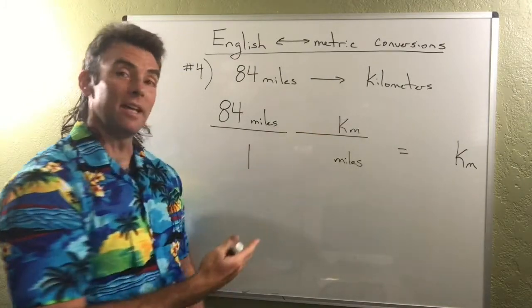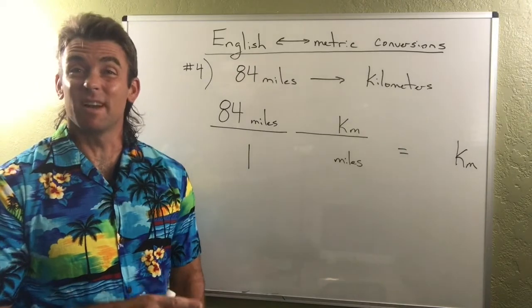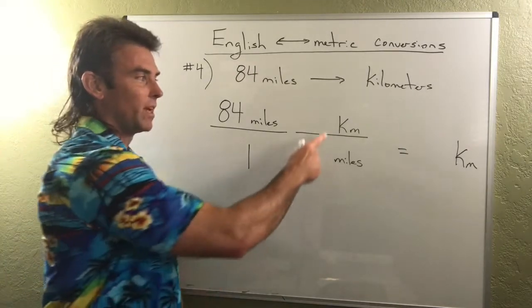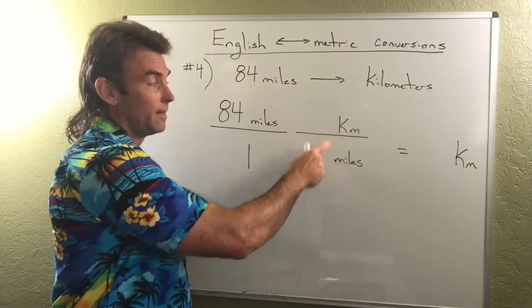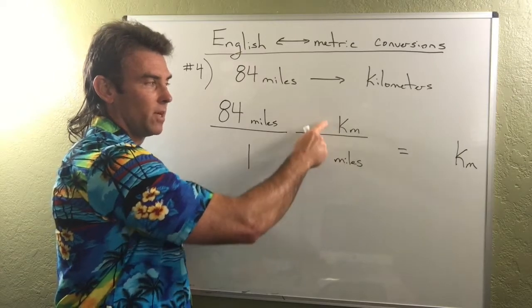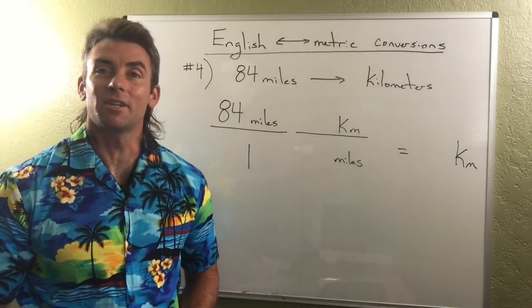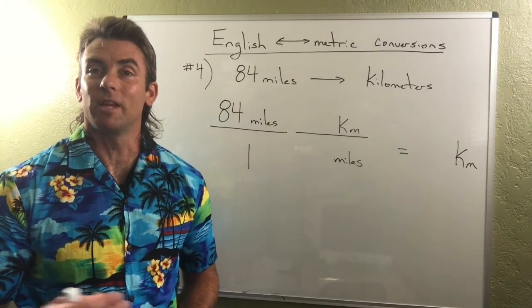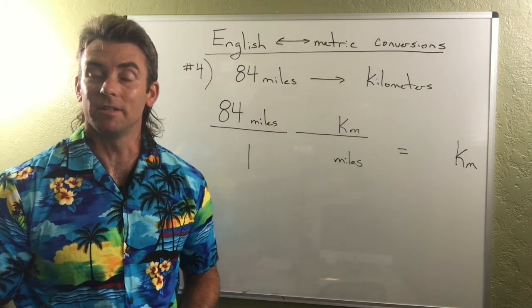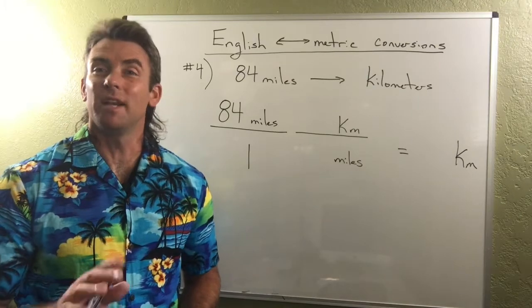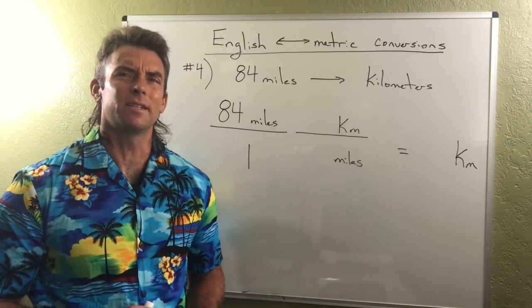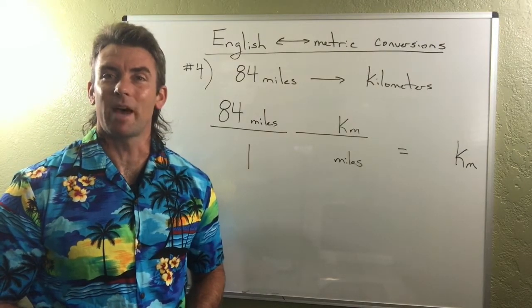The one-steppers are not so bad, because usually you've been given or can look up some sort of equivalency between these. In this particular question, it actually tells you some information about a relationship between miles and kilometers. I'm going to put the numbers in, and I'm just going to mention one thing that has confused students in the past.